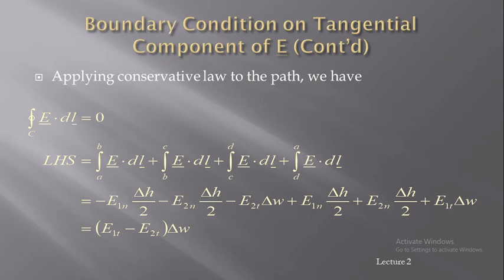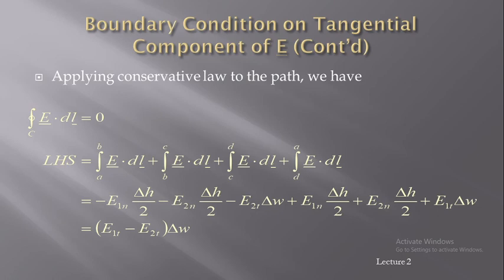For A to B, which is in the normal direction, I write E1n delta H by 2 minus, now the other half part is in medium 2, so E2n delta H by 2. Now B to C is in the tangential direction, so E2t delta W, where dl is delta W, and the medium is 2, that's why suffix 2 is there.